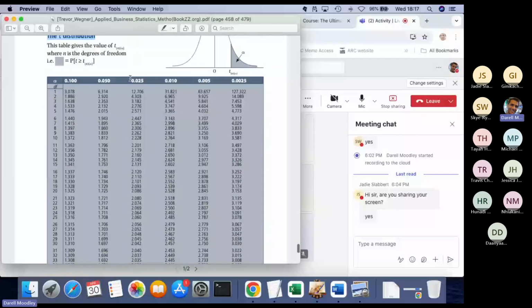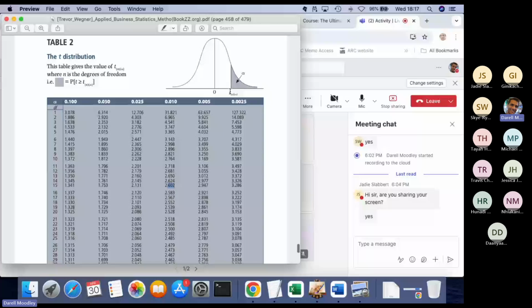All the area inside this table that I'm highlighting is for when you're shifting your T value on the axis, and it's the area to the right.